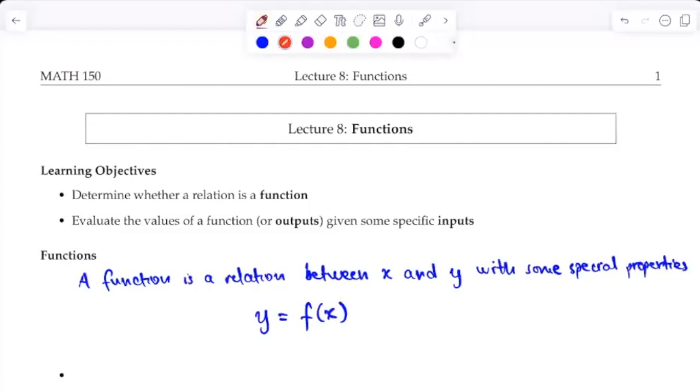Y in this case is called the output. X is called the input. And f in this case represents the function, or the special property that we mentioned in the statement.